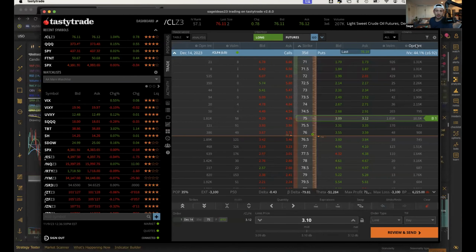Instead of looking at just the implied volatility, we're going to look at something called extrinsic value premium. It's called EXT on my broker. The extrinsic value premium on this position is all extrinsic, because right now we're trading out of the money. So at expiration, if we are not at the $75 strike or below, we stand to lose 100% of the overall premium.